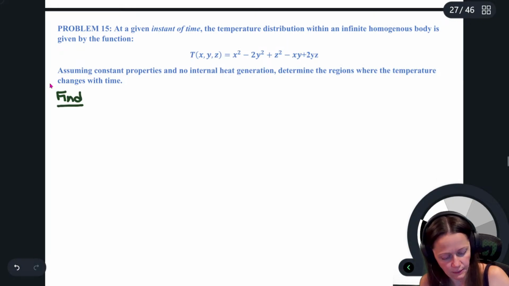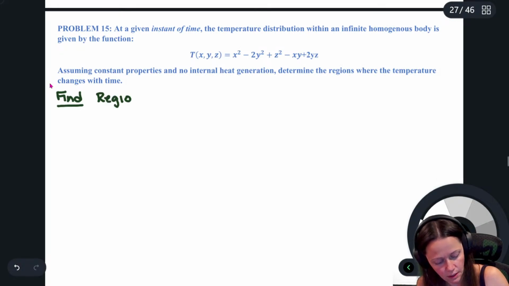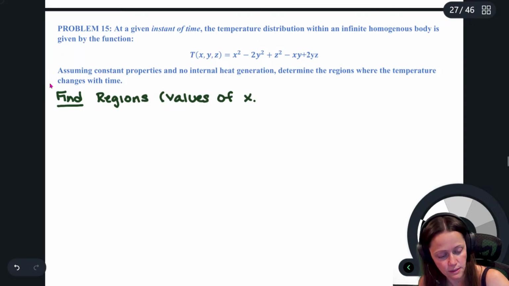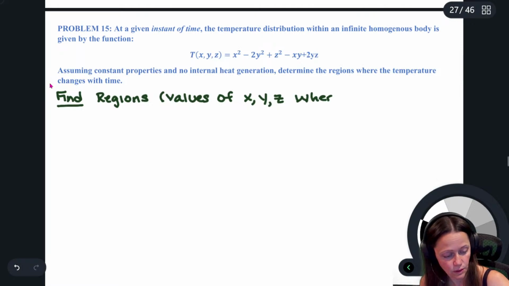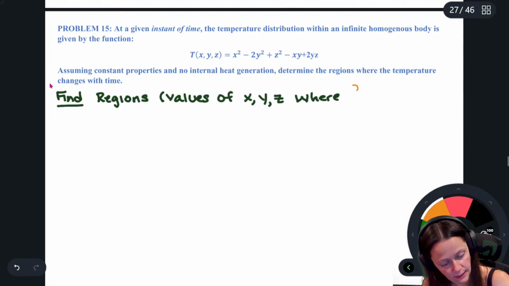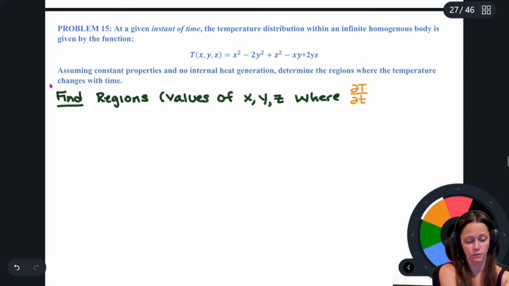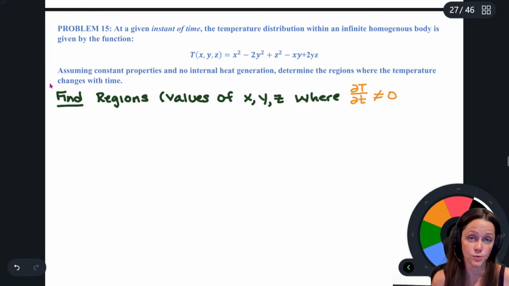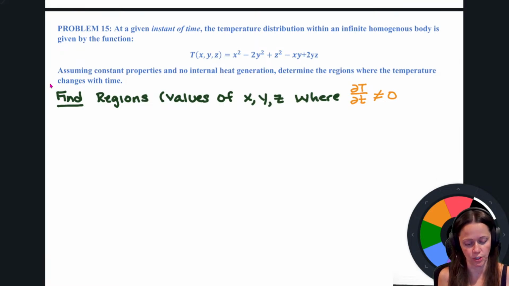When we say regions, we're looking at coordinates, so values of x, y, and z where the derivative of temperature with respect to time, dT/dt, is not equal to 0. That's where things are changing with time, where it is not steady state.